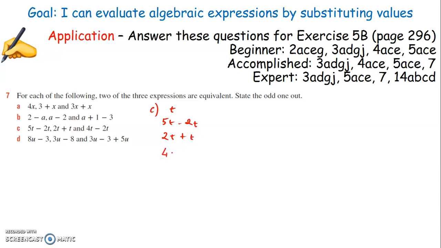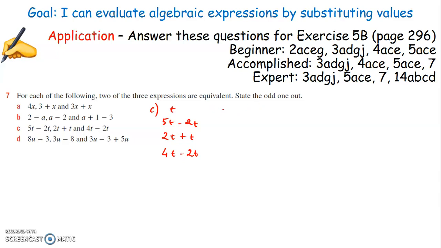And 4t minus 2t. Now you probably see from A and B that a lot of the time, just by substituting just one number is enough to show whether two expressions are equivalent or not. And I must say we were quite lucky with those. Let's see if we're still lucky with this one.